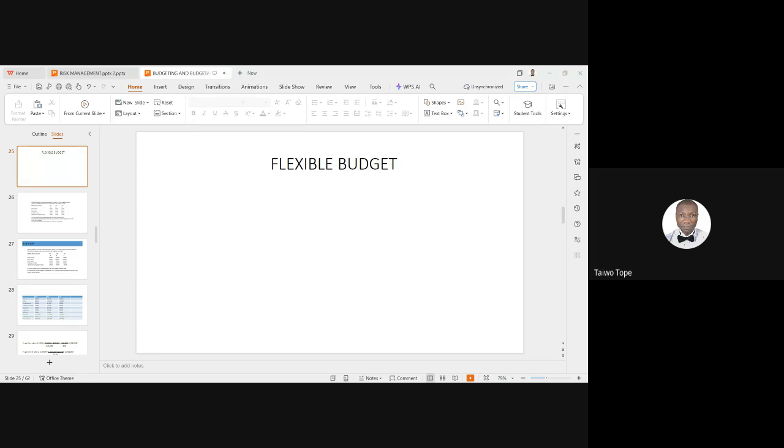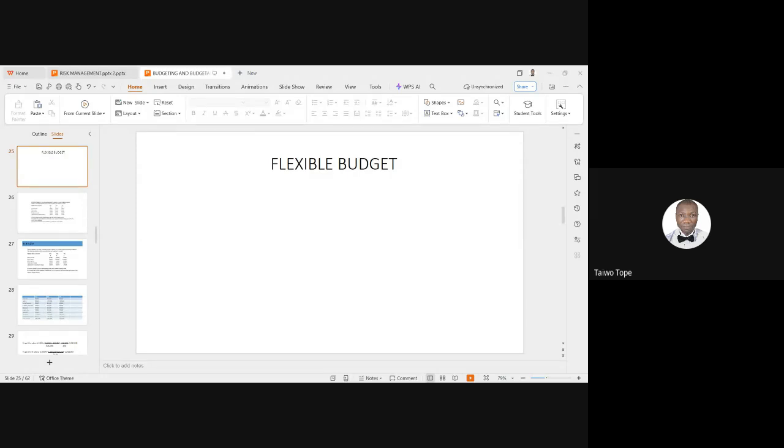Why do we have to come up with flexible budget? Flexible budget is important because budgeted costs and revenues change in line with actual outputs or activity level. Unlike a fixed budget, a flexible budget recognizes that costs behave differently when activity levels change.